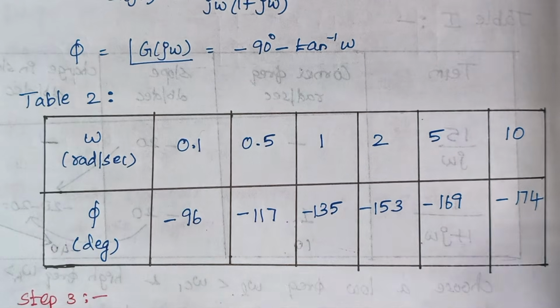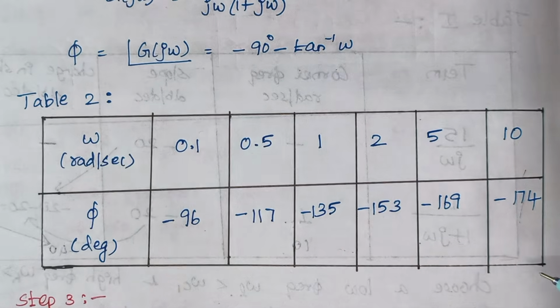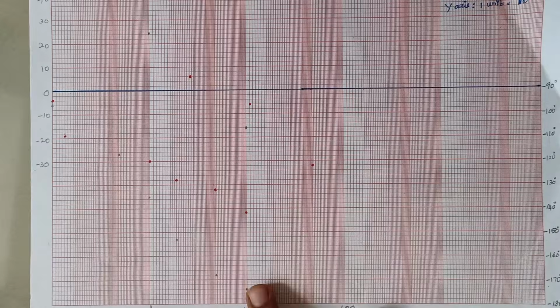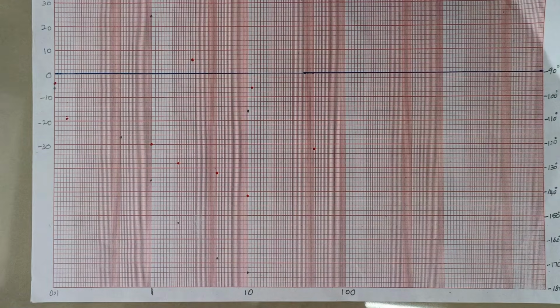The next thing is we have to draw the phase plot and magnitude plot on a semilog sheet. You see this is our semilog sheet. The first step is we have to write the scale on the x-axis and y-axis.